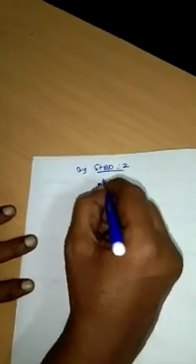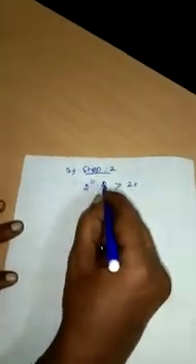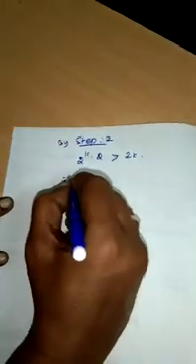By step 2, 2 power k into 2 is greater than 2k, that is, double 2 power k. 2k means 2 power k into 2, which means double 2 power k.